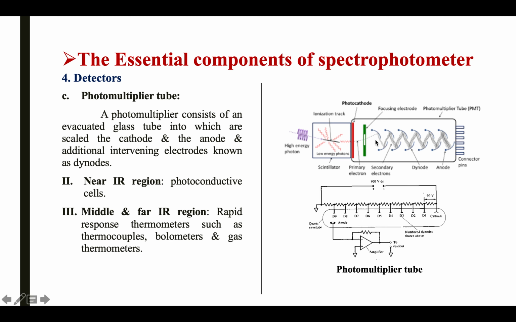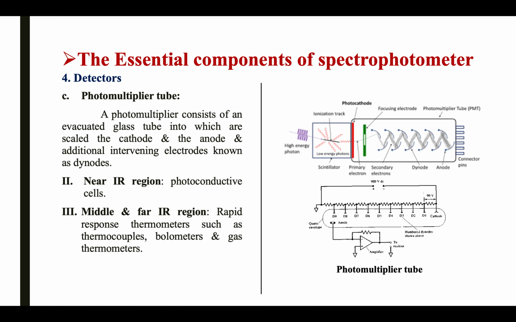Here is the basic figure I have shown. For the measurement of low radiant power, photomultiplier tubes offer advantages over ordinary phototubes. Previously we have seen phototubes, but if your signal is very low power, low radiant power, then the photomultiplier tube is a useful detector.